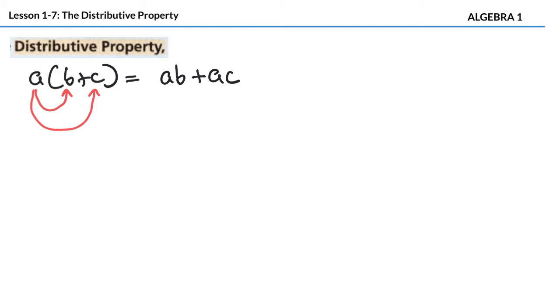Okay, for example, 4 times (20 plus 6). How will you apply the distributive property for this? You take the 4 and you multiply with 20. Then you take the 4 and you multiply with 6. Let's see that. 4 times 20 plus 4 times 6.